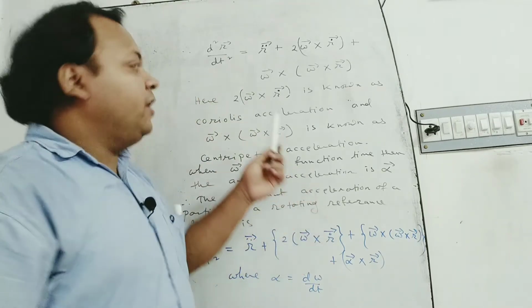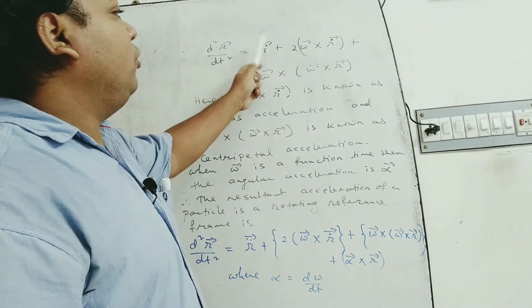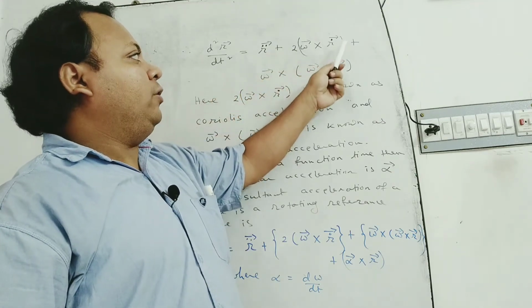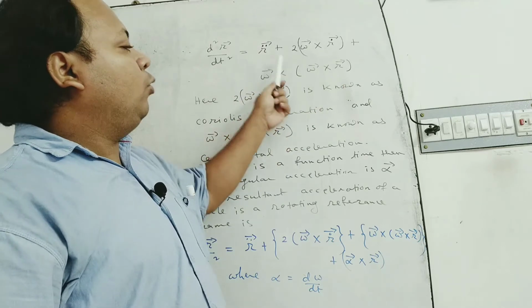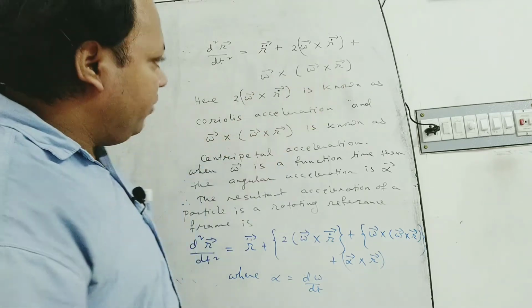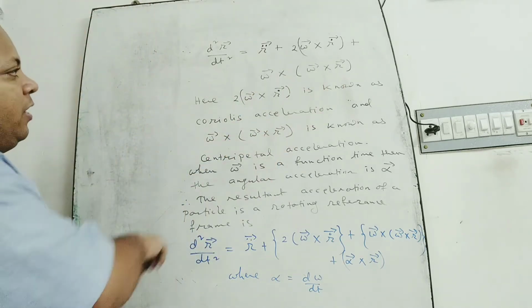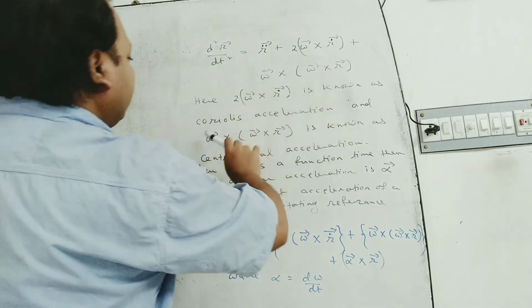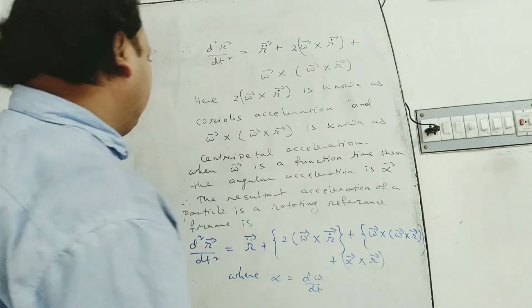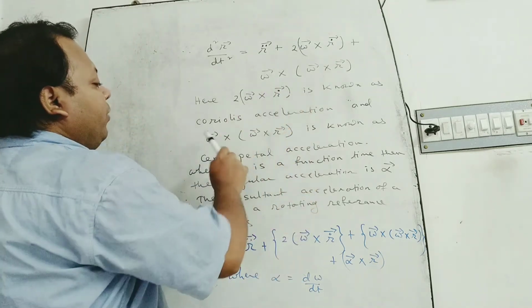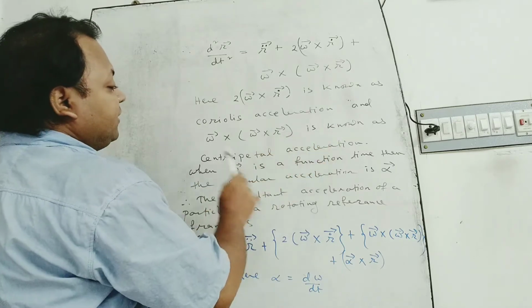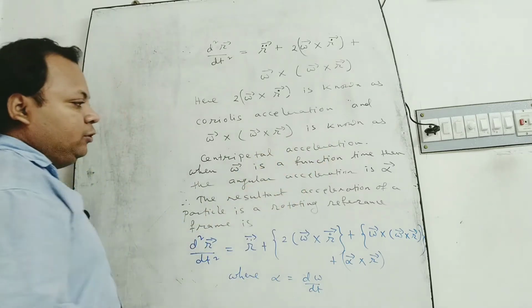Therefore, d2r dt2 is equal to r double dot vector plus 2 into omega vector cross r dot vector plus omega cross omega cross r vector. Here 2 omega vector cross r dot vector is known as the Coriolis acceleration, and omega cross omega cross r is known as the centripetal acceleration.